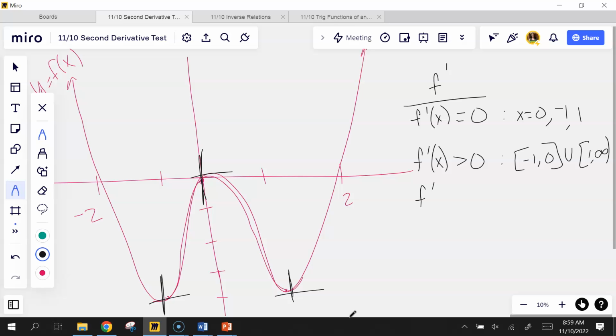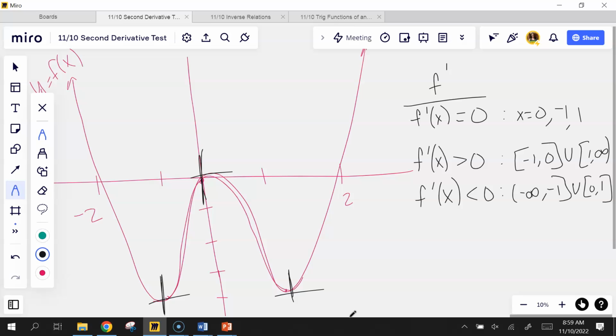Where is my first derivative decreasing? Negative infinity to -1. Where else? 0 to 1. Y'all okay so far?